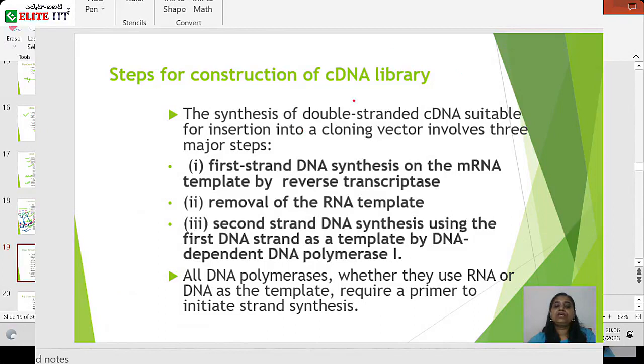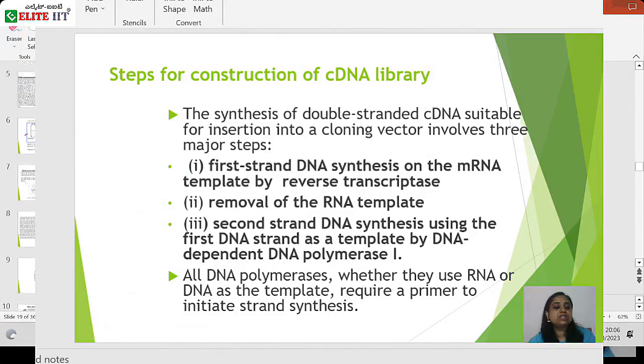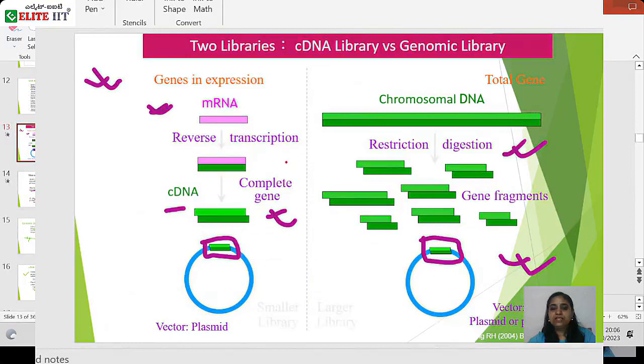Now cDNA, what are the steps involved here? Same thing is given here also. Whatever is mentioned in this first figure: in this figure it is given, genes in expression, mRNA. It is converted to cDNA, that is the single stranded DNA, by the reverse transcriptase.